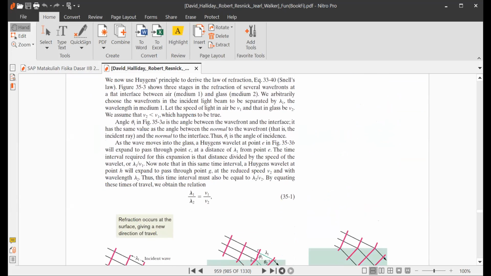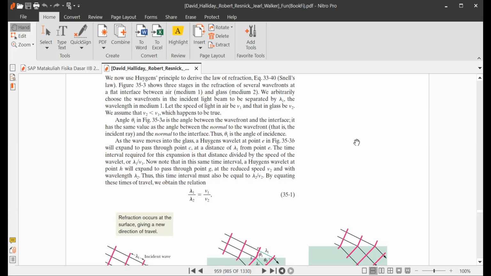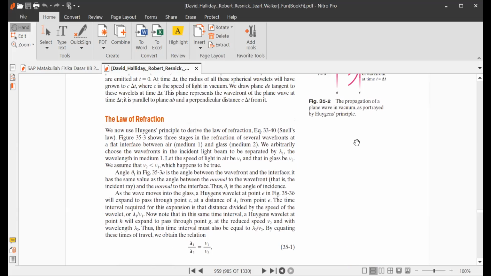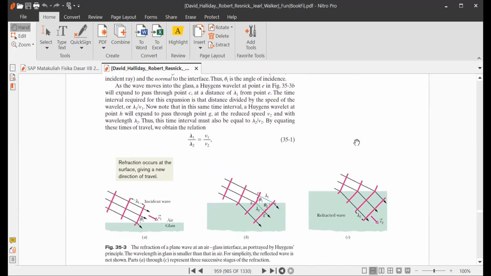So as we know, light could also be refracted. If, for example, this light comes from the air to the glass, it bends when coming into the glass.